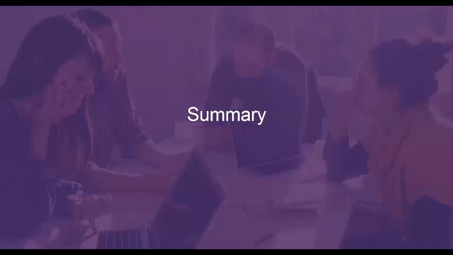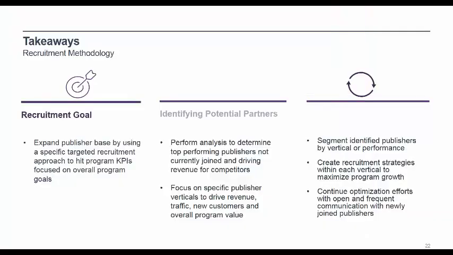We covered a lot of info here pretty quickly, so just to take a quick summary. You want to expand your publisher base with targeted recruitment approaches, and this will definitely tie into your overall program goals.